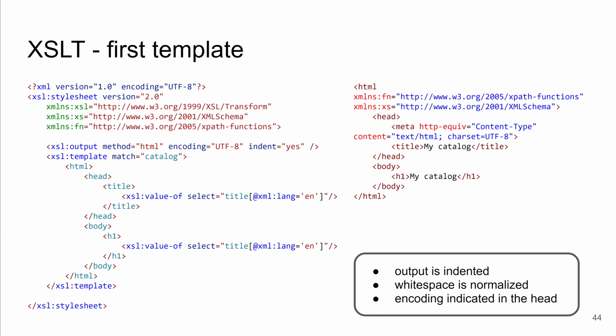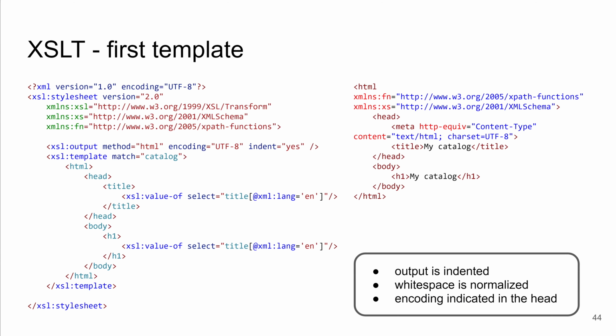And the rest is purely the work of our template. So in the title element, we have the My Catalog text, which got selected by the XPath expression in the select attribute of the XSL value-of element, and the same goes for the heading element in the body.